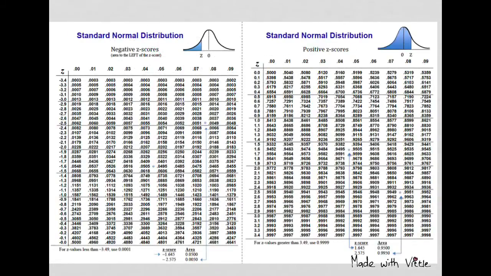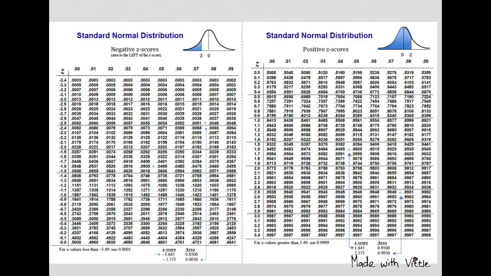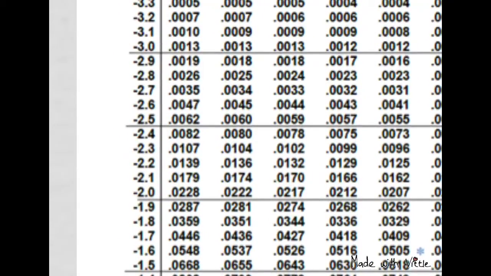So to find negative 2.68, I start by looking at my standard normal tables. Since it's a negative number I'm looking for, I don't want the positive z-scores, I want the negative z-scores. So for negative 2.6, here's the negatives, I find negative 2.6.